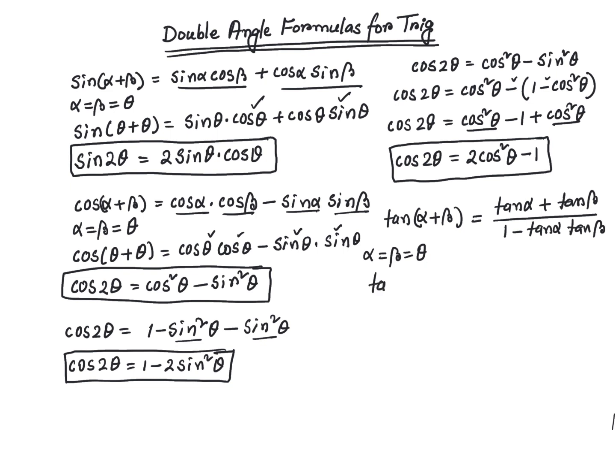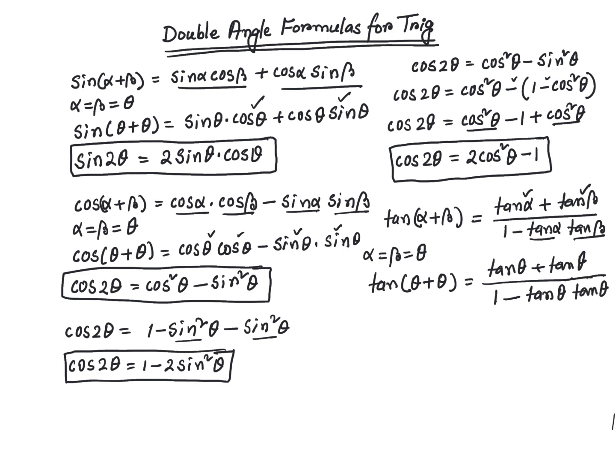So tangent of alpha plus beta is going to be theta plus theta, equal to tangent of alpha on the top, which is going to be tangent of theta, plus tangent of beta, which is tangent of theta, divided by 1 minus tangent of alpha, which is tangent of theta, and tangent of beta, which is tangent of theta.